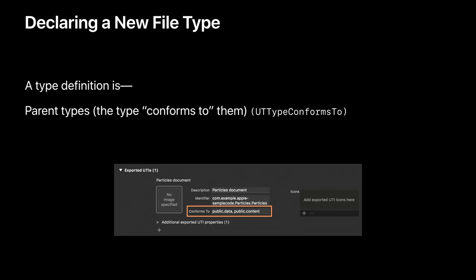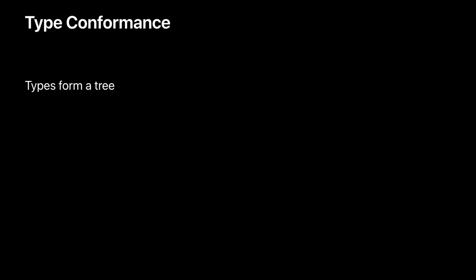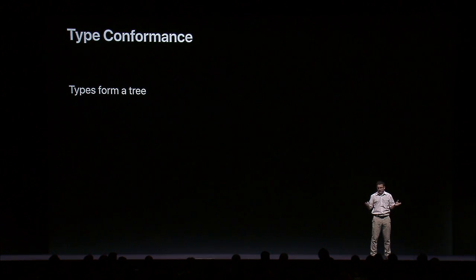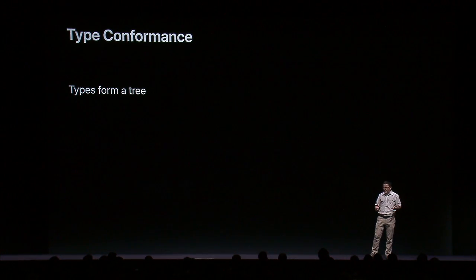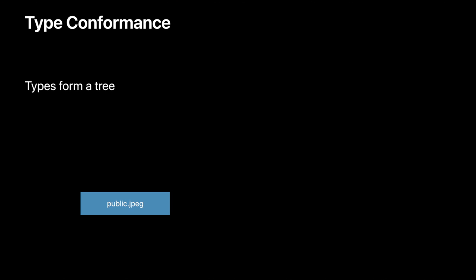What are parent types? Well, types form a tree, which we call the functional tree. And you can think of it like an inheritance tree in an object-oriented programming language, like Swift. For example, JPEG images and HEIF images are both kinds of images.